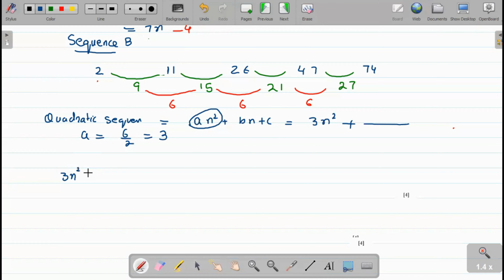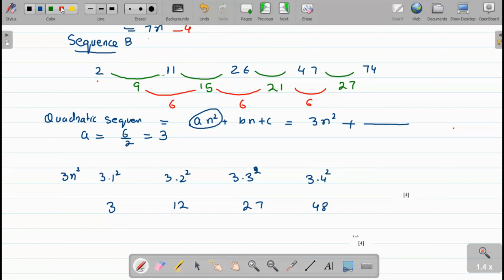We can write it as 3 into 1 square, 3 into 2 square, 3 into 3 square, and 3 into 4 square. Now you see here, the values become 3, 12, 27, and 48.